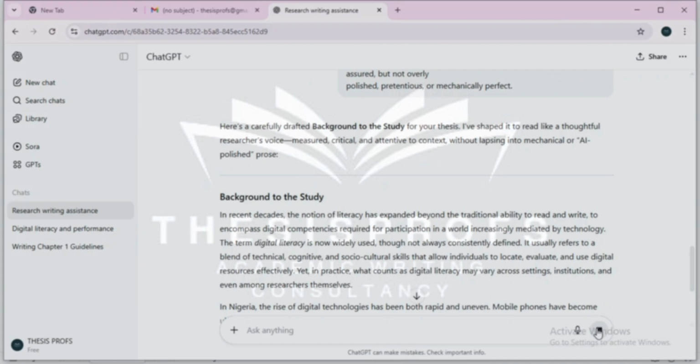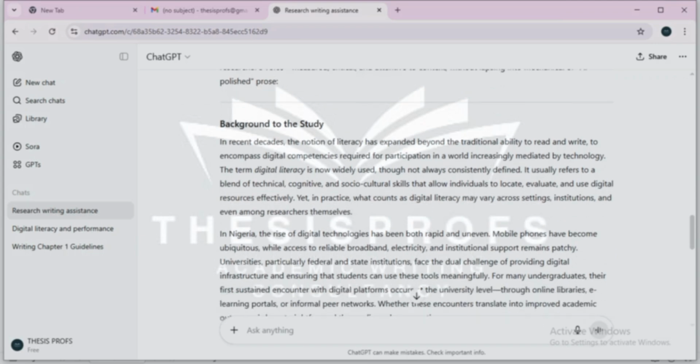I've shaped it to read like a thoughtful researcher's voice, measured, critical, and attentive to context without lapsing into mechanical or AI polished prose. Okay, so background to the study. In recent decades, the notion of literacy has expanded beyond the traditional ability to read and write to encompass digital competencies, and so on. You can see this.